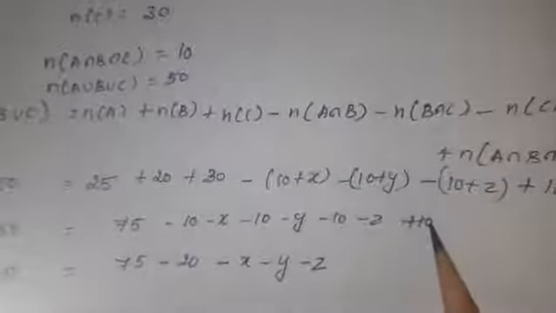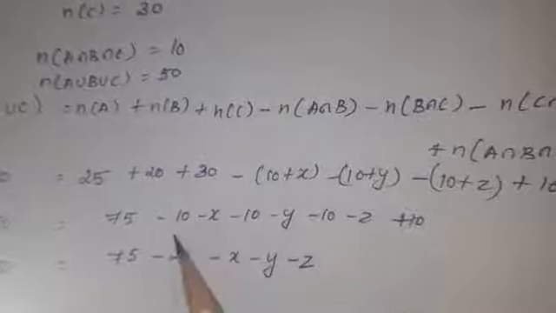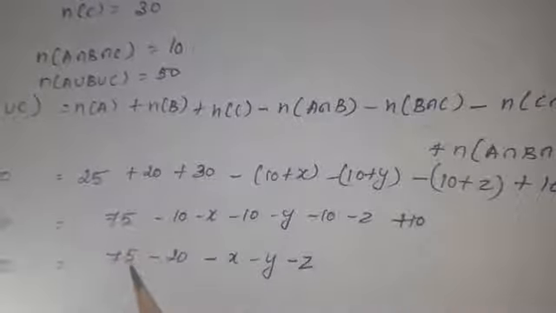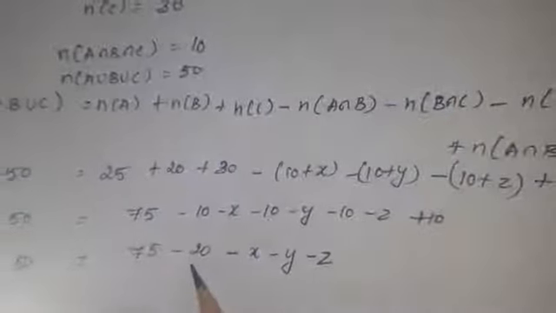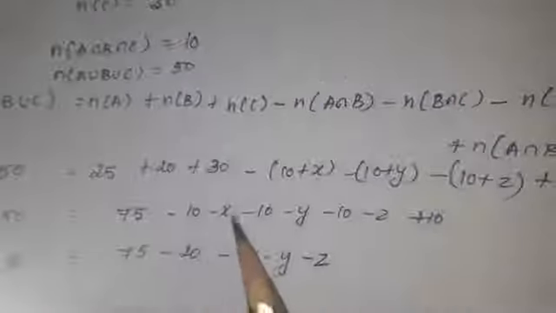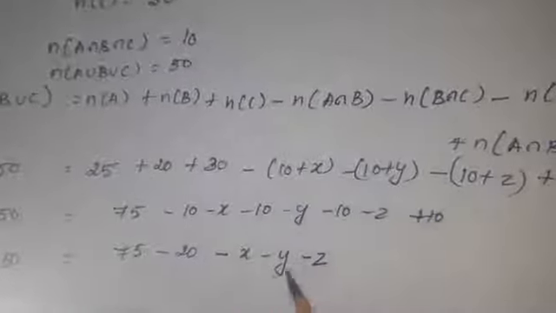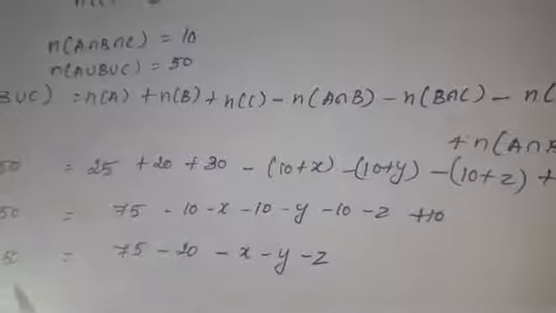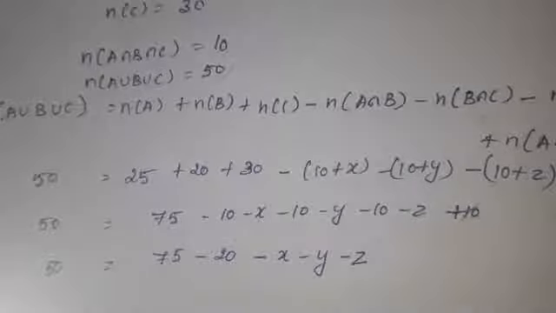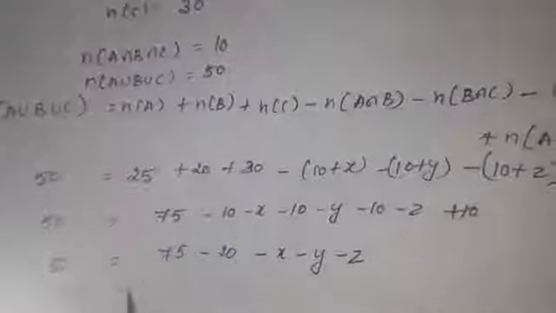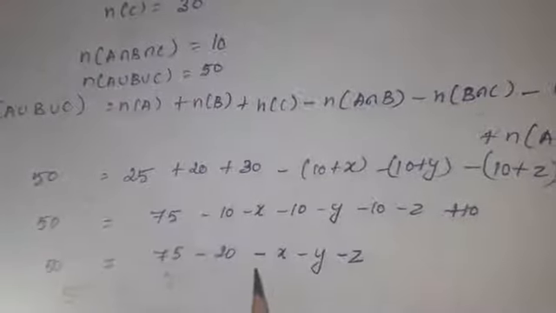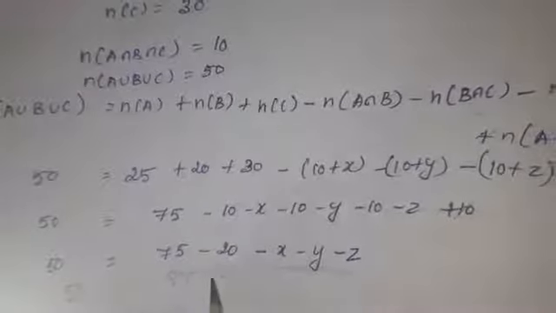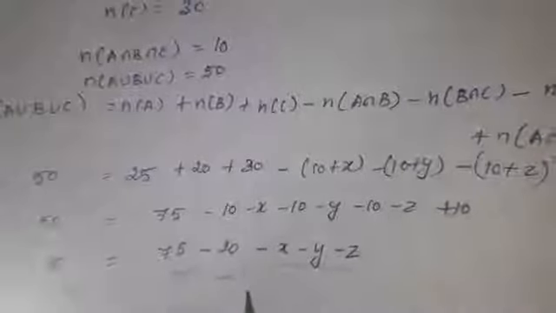See here, plus 10 minus 10 get cancelled. Next, 75 minus 10 minus 10, both are negative, no, that can be written separately, minus 20. Next one is minus X minus Y minus Z. Next is 50 is equal to 75 minus 20, it is 55. When you see this 3 term, minus is common, so minus is taken common outside.